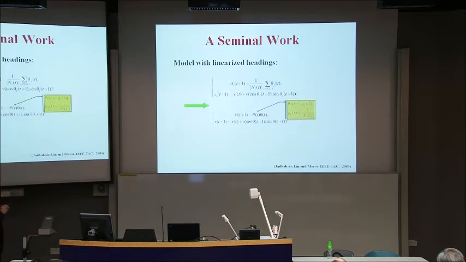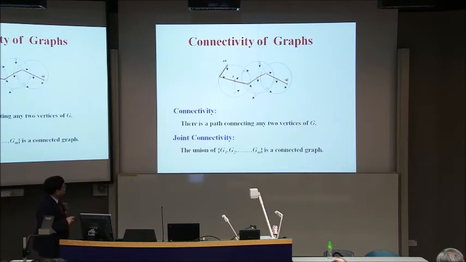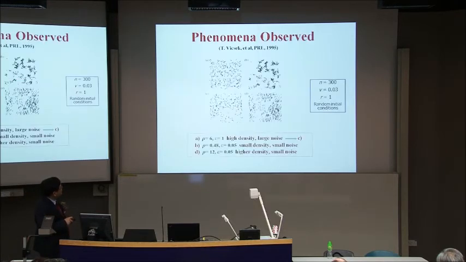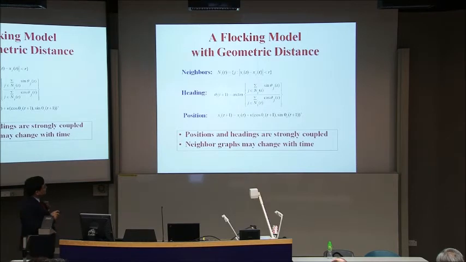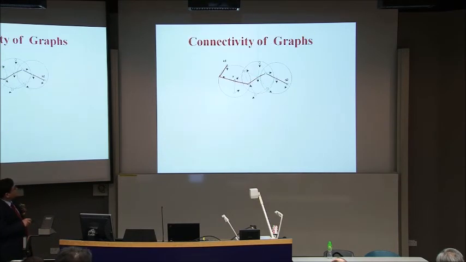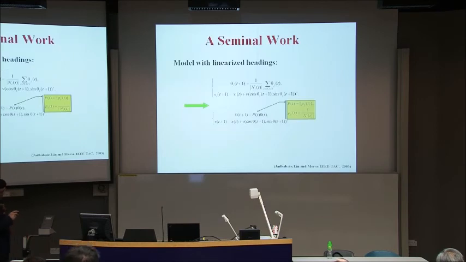I would like to mention a seminal work in this direction. If we linearize the heading equation, I will show you the original one later. The original is a nonlinear equation. If you linearize just the heading equation, you get the first one, and the position equation is still there.